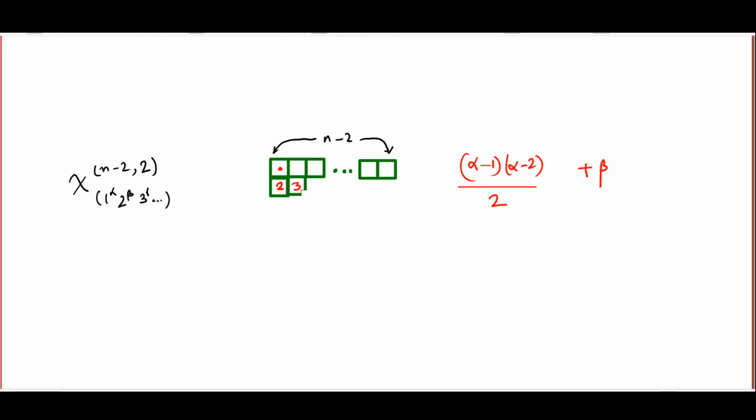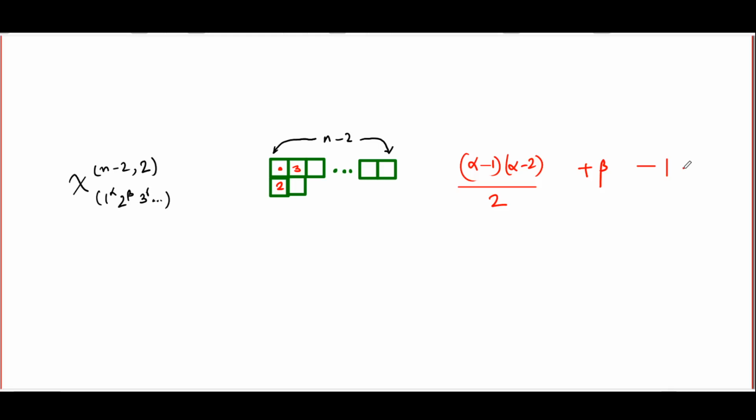Of course, if instead of the third one sitting here, third one went here, but the fourth, fifth, sixth, any one of the later ones went here, there would be no problem. So out of these possible pairs, the only pair which is not allowed is 2, 3 going in the lower row, which is why you have to subtract 1 for that particular choice, which is not a valid diagram.